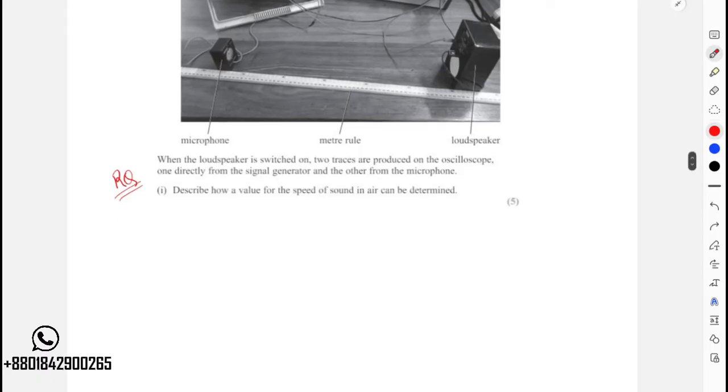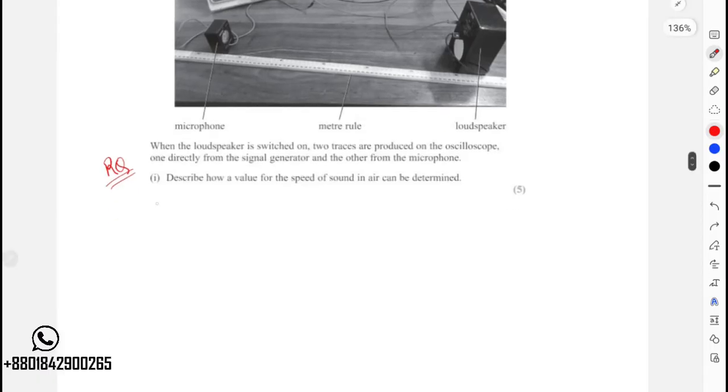So we're going to start with this. Mark the initial position when the two traces from the microphone and signal generator are in phase.